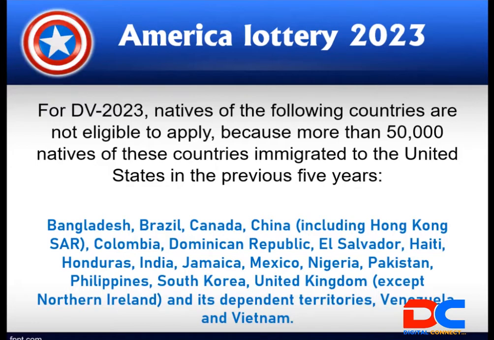If you are from Nigeria, then they are saying that you can't apply for this entry this time. So if you are not from any of these countries, then you are free to apply for this visa, and then who knows, maybe your luck will shine, then you'll be selected.